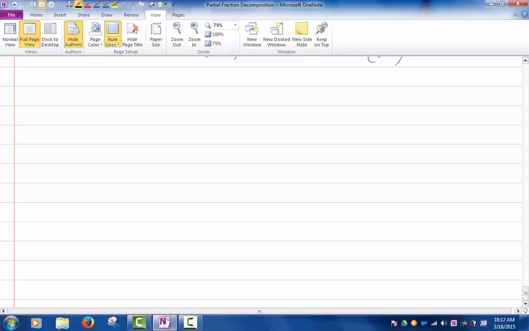Okay, so now what I want to do is go over a few problems from section 7.5. Section 7.5 is basically a section where you are given a whole lot of integral problems.